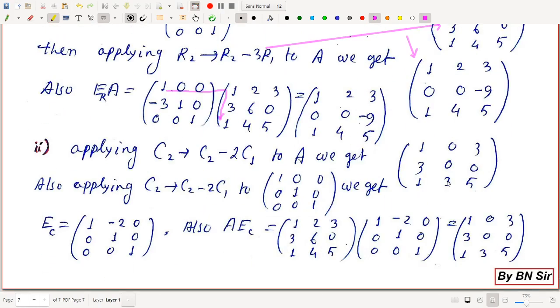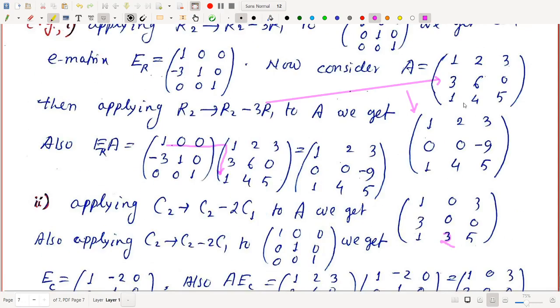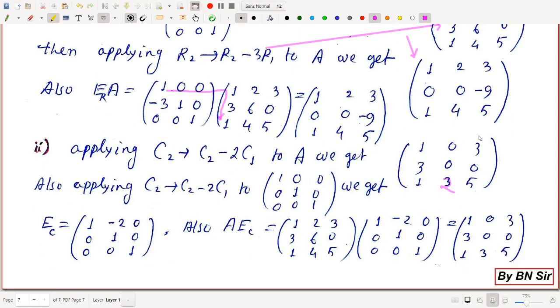So it will be 2, sorry, 4 minus 2, 2, into 1, 0, 2.